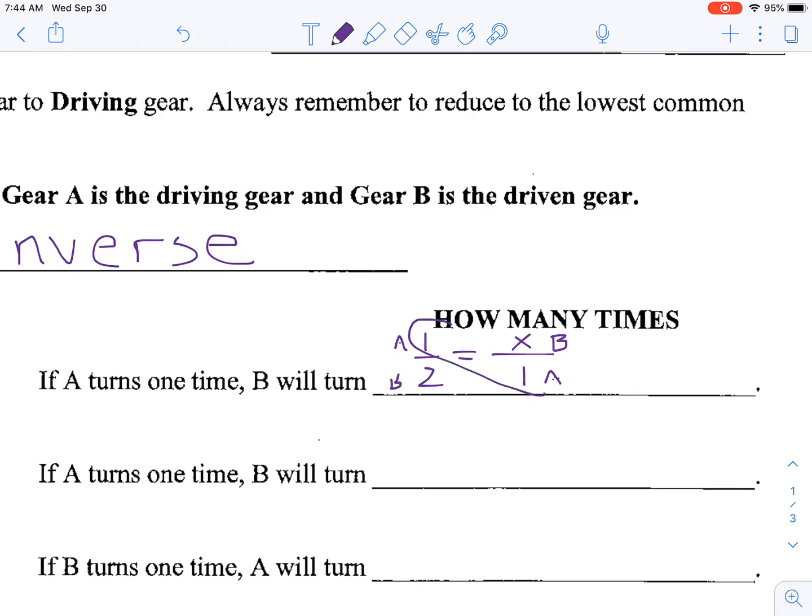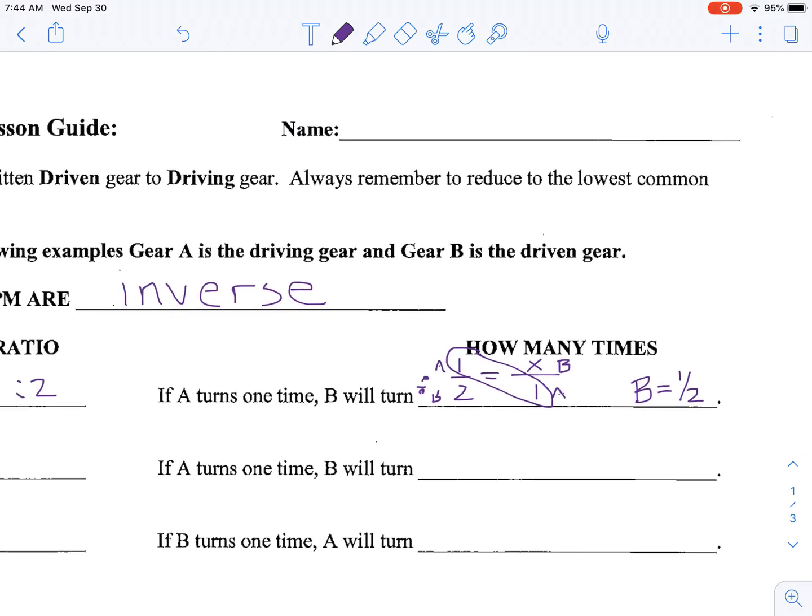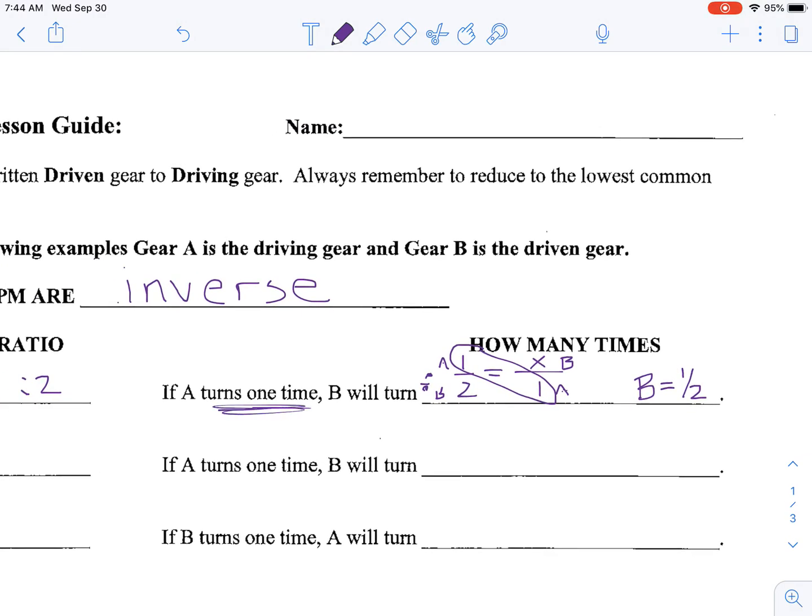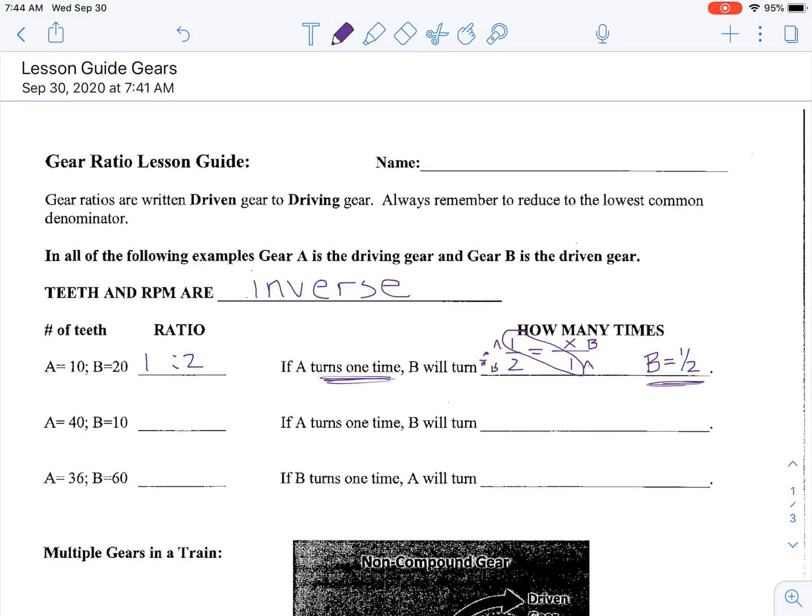So we cross multiply and then divide, and we find out that B is going to make 1/2 of a turn. So if A turns 1 time, B will only turn a 1/2 time, which should make sense because I just said before that the more teeth something has, the slower it will turn.